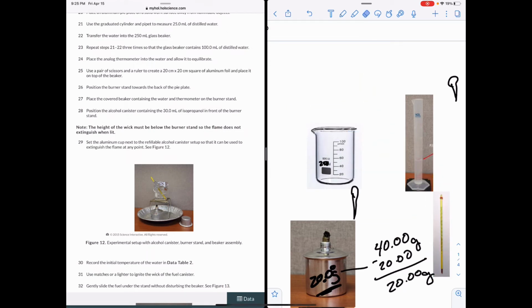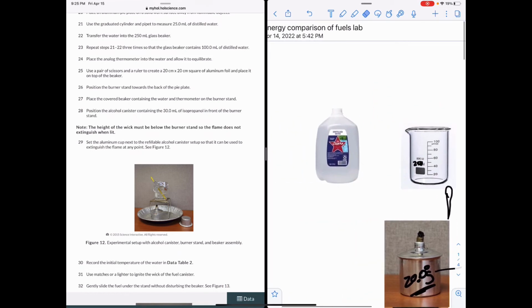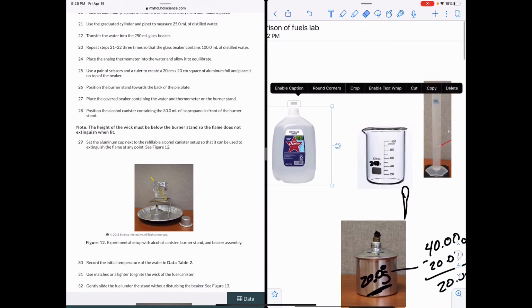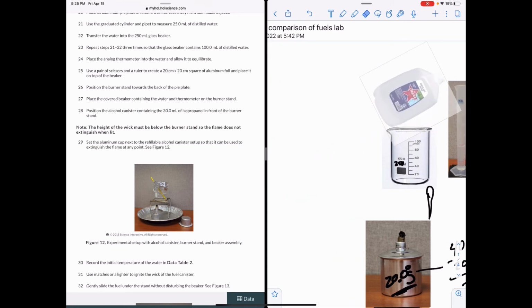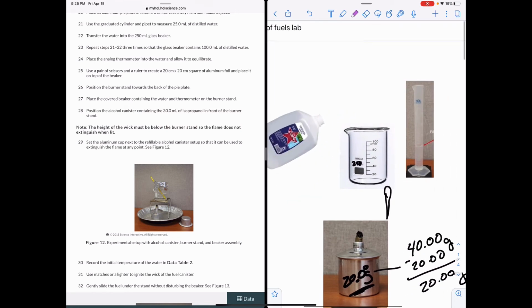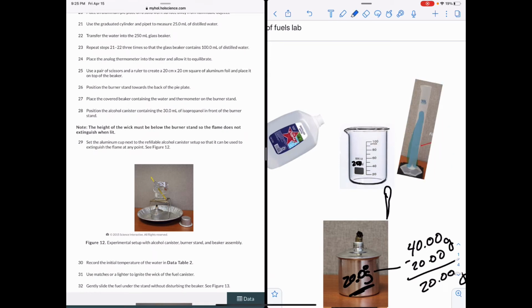So now we're going to take this, and this is the part where we're going to use the distilled water. And it wants a total of 100 in there, but you have a 25 milliliter graduated cylinder. So you'll do one. Then you'll do another one.